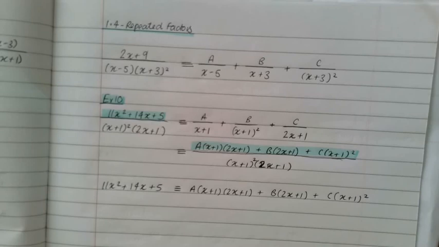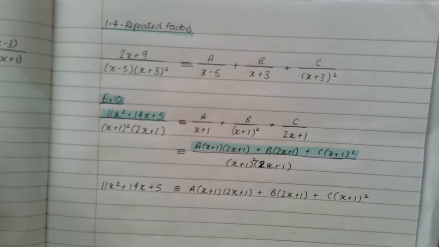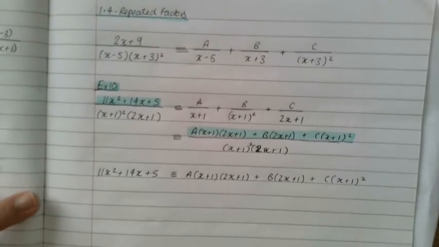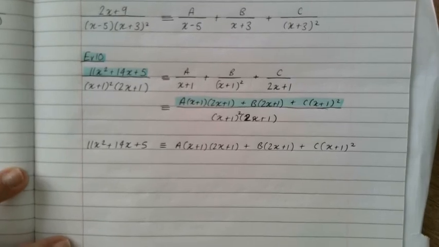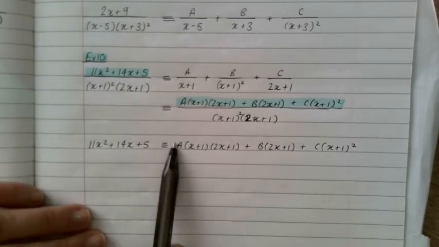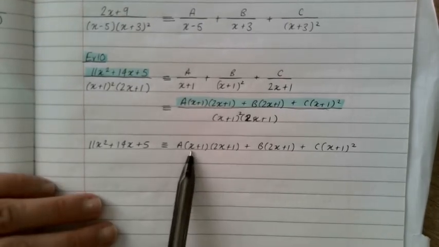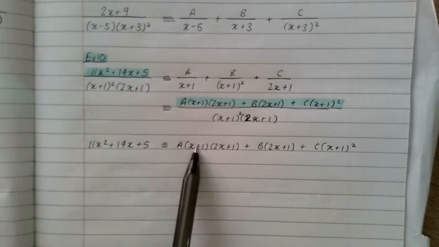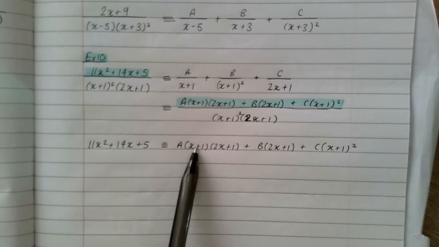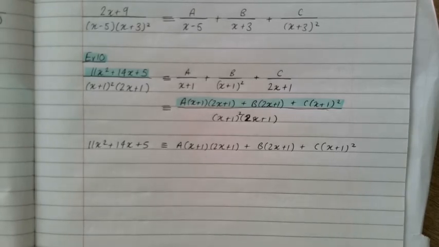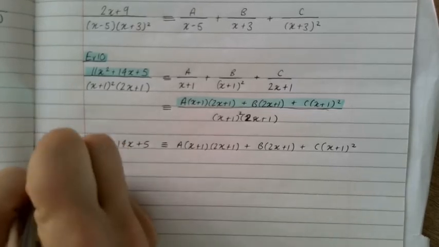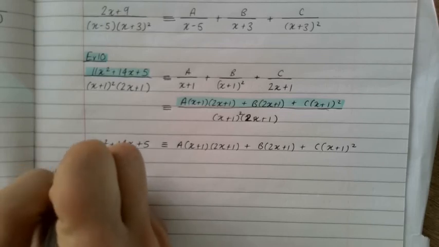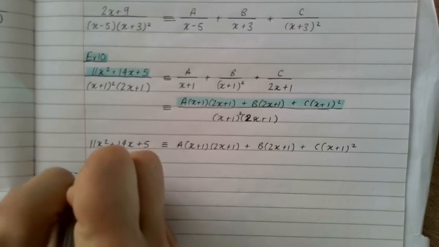Okay, and now we're going to start to substitute in solutions to work out our unknowns. So I'm going to look at my first linear factor of x plus 1. To make that 0, I'm going to substitute in x equals negative 1. So I'm going to sub x equals negative 1. That's my first step.